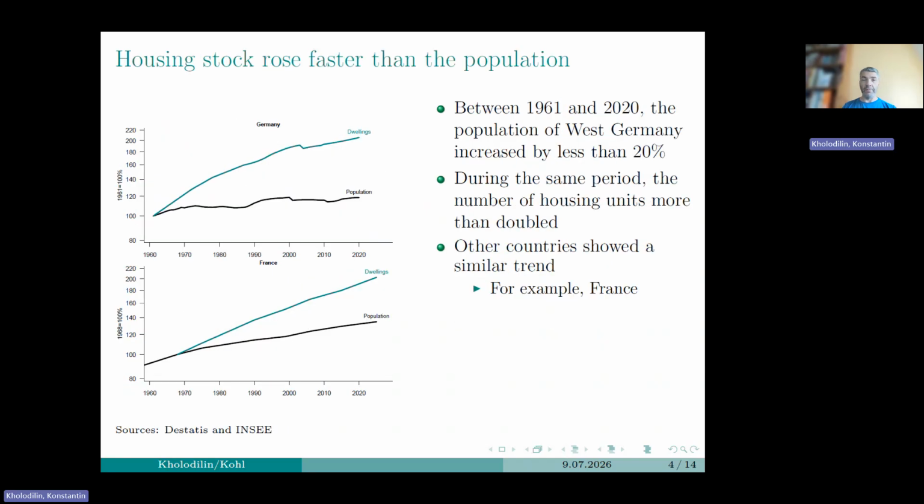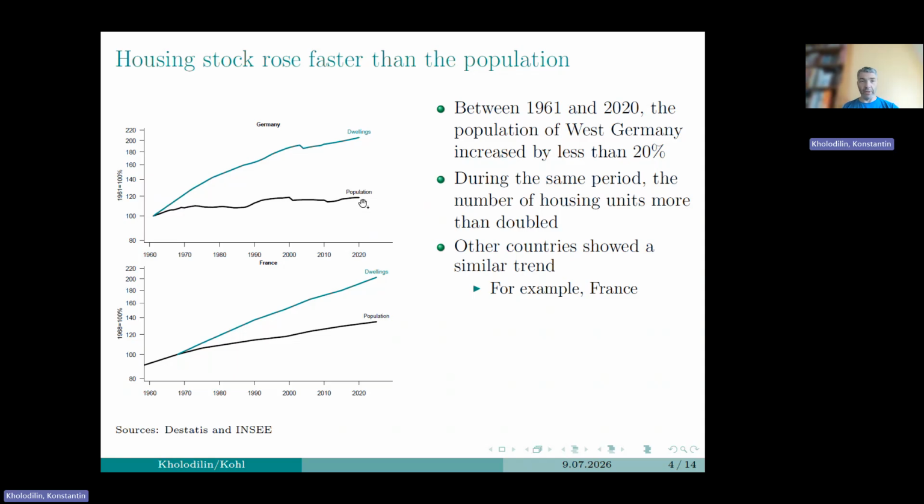Now, why did it happen? The first reason is that housing stock grows faster than the population. Here we have data for Germany. The green line corresponds to the index of change in the number of dwellings, so the size of the housing stock. I set it to 100% in 1961. The black line corresponds to the evolution of the population size.